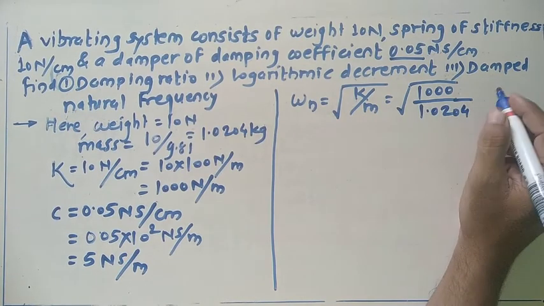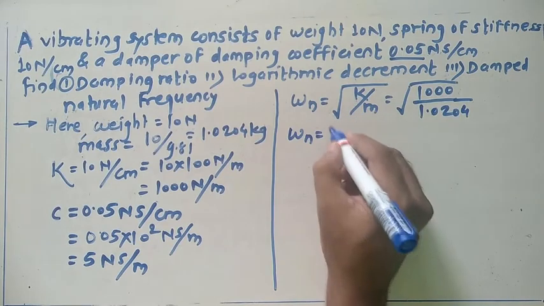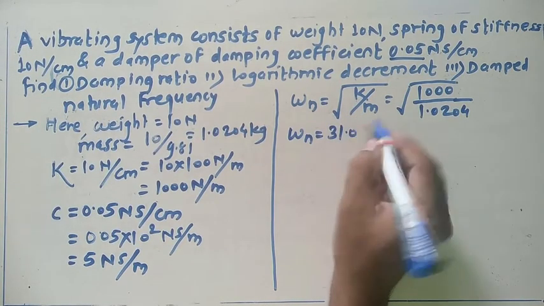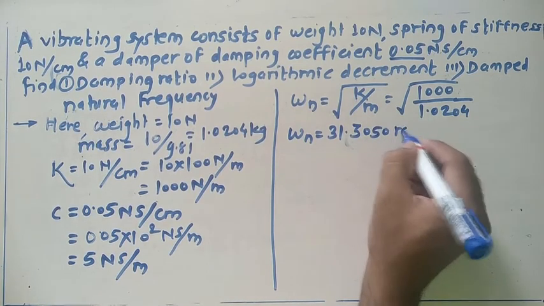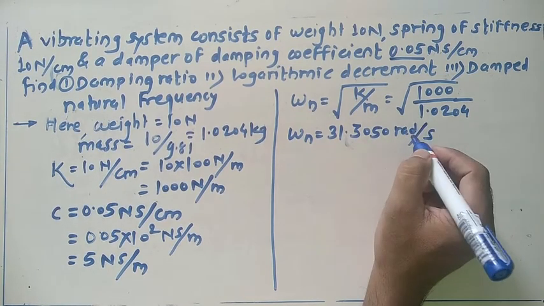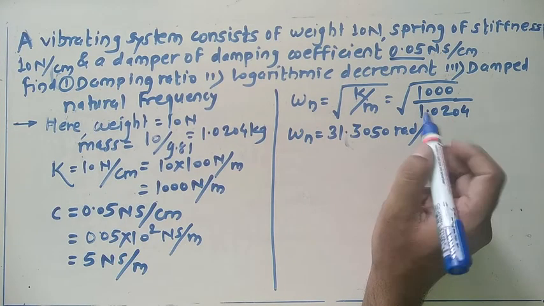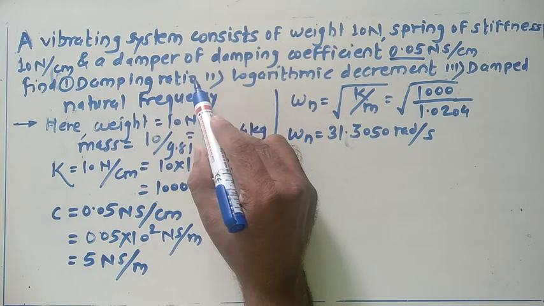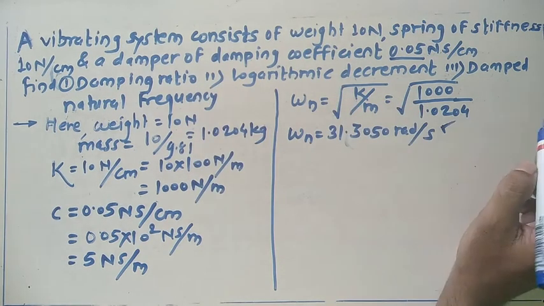So after solving we can get omega n equals 31.3050 radian per second. Once we get this value, my target is to get the first point, the damping ratio, where we require this omega n.